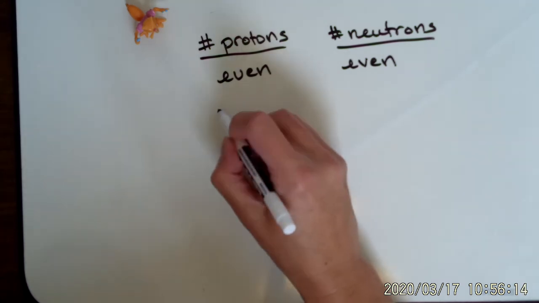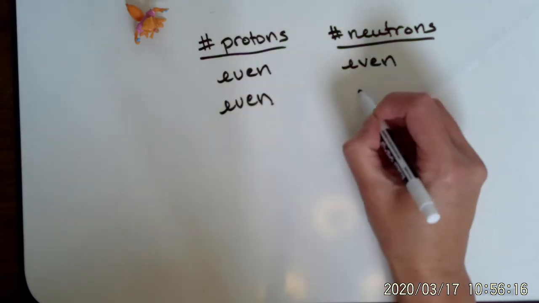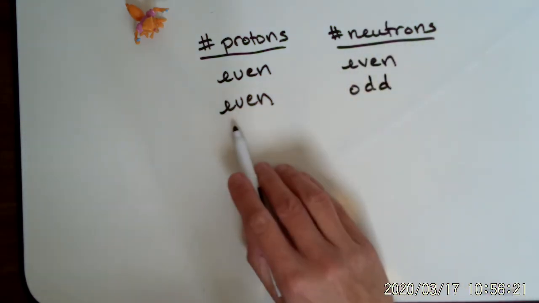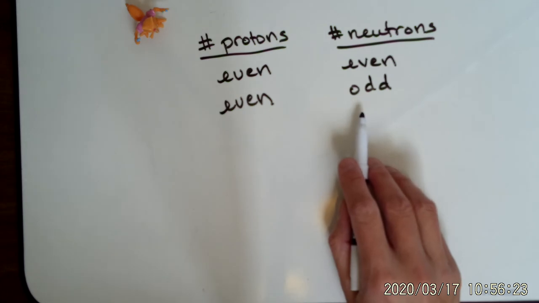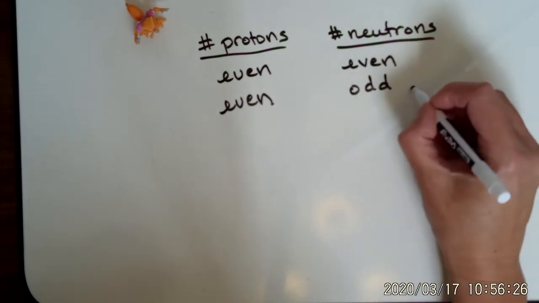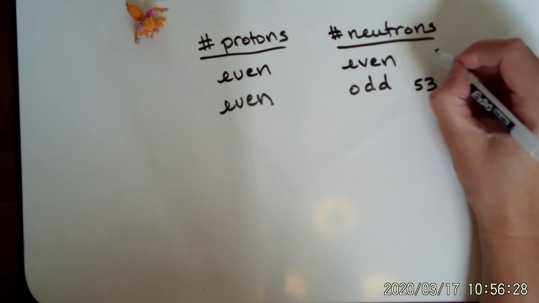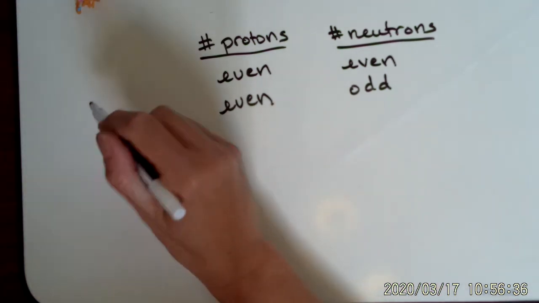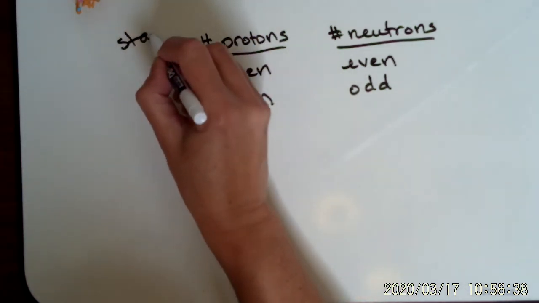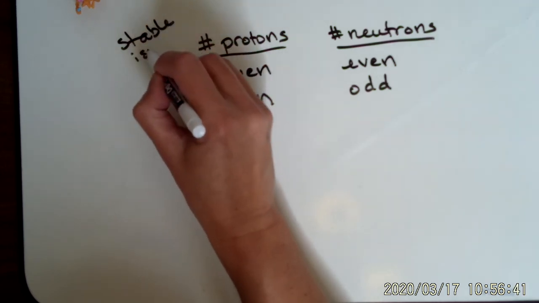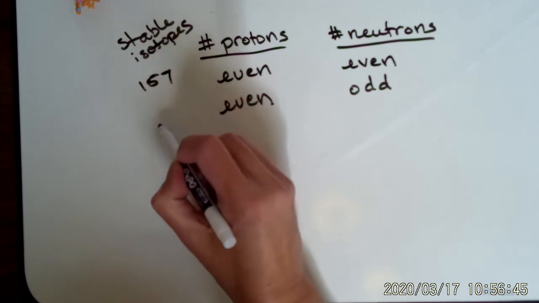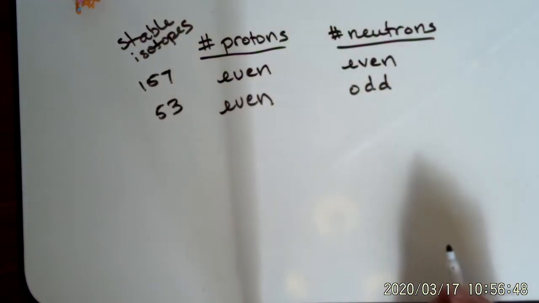The number of stable nuclides that have an even number of protons but an odd number of neutrons, that's 53. (157), 53.